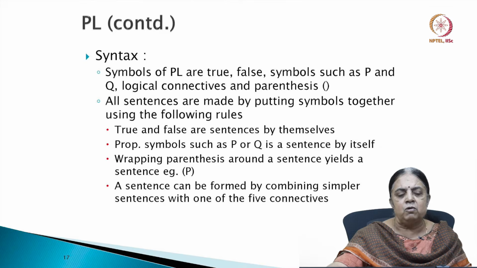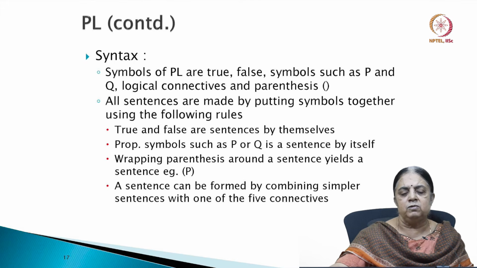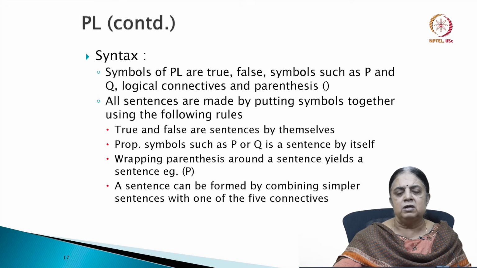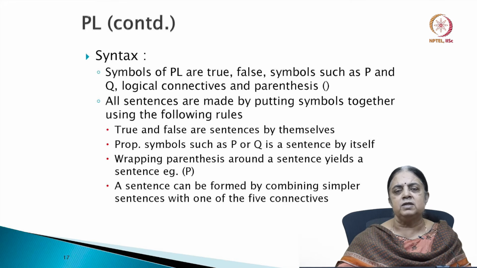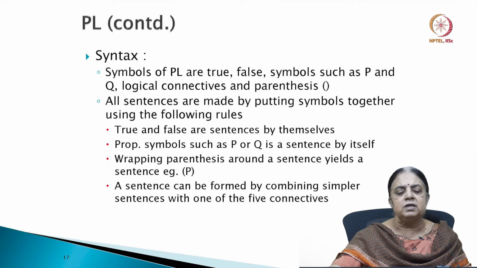So these are the various ways in which sentences can be combined. When we talk about a knowledge representation language, we talk about two things: one is the syntax and the other is the semantics of the language that you are using. When you talk about syntax, it is whether the symbols you are using follow the rules of the logic or not.